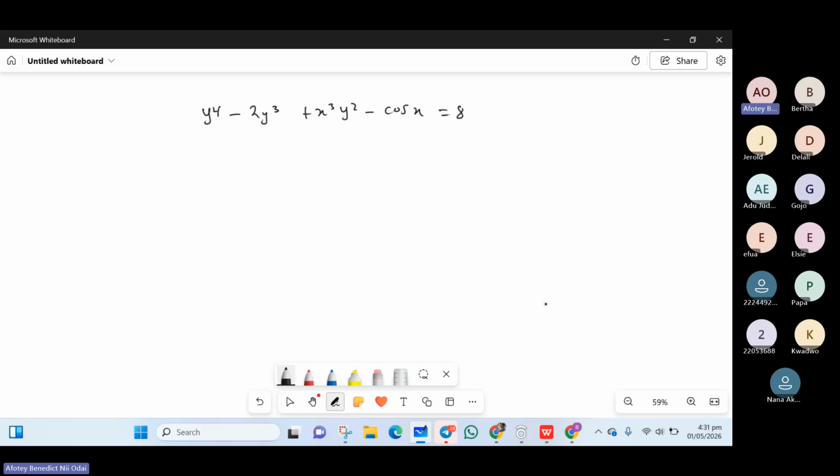Usually when you have a function like y is equal to 2x, when differentiating you say dy/dx is equal to 2. What you've actually done is differentiate with respect to x, so wherever you see y, you bring the dy/dx.